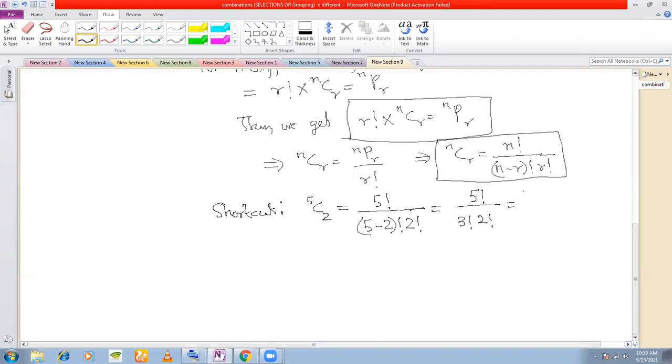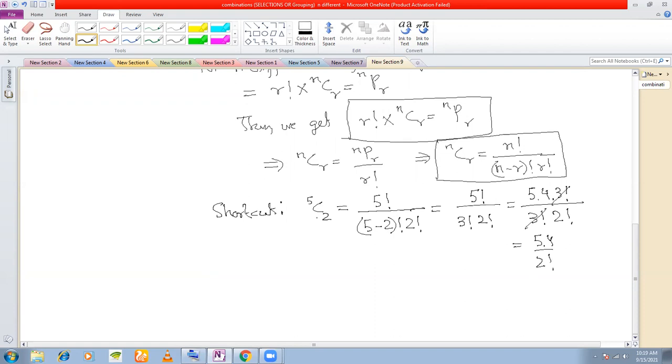Now write factorial 5 as 5 into 4 into factorial 3, divided by factorial 3 into factorial 2. I cancel this. So ultimately I get 5 into 4 by factorial 2.